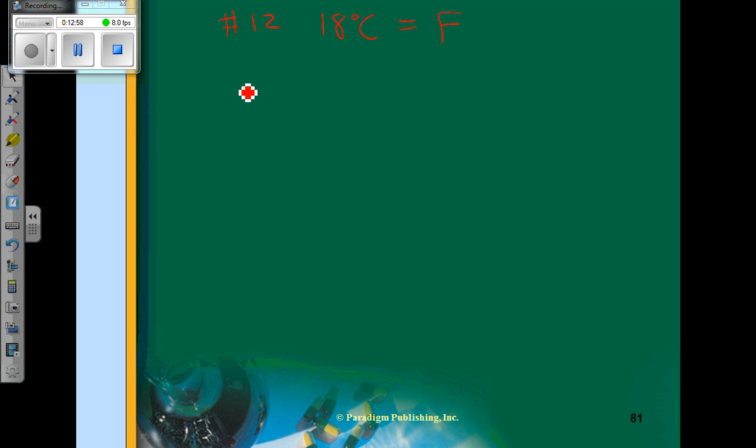So if you were to do 5F equals 9C plus 160, you have your Celsius temperature, 18, so 9 times 18 plus 160 equals 5F. So multiply first, then you're going to subtract or add, and then you're going to divide. That's the way we do it.